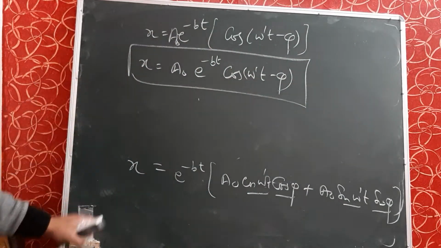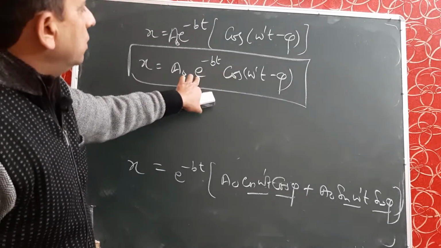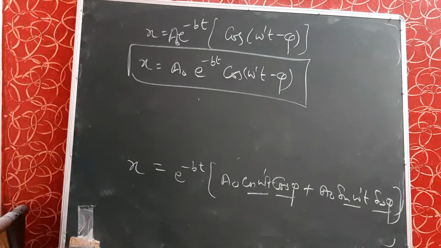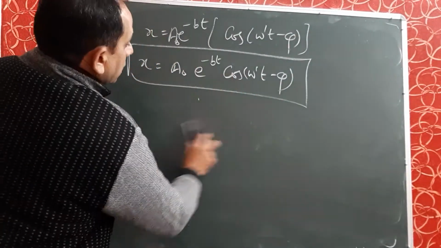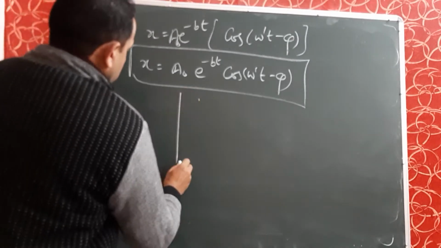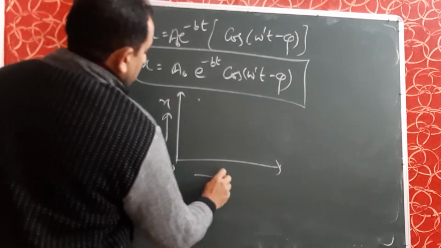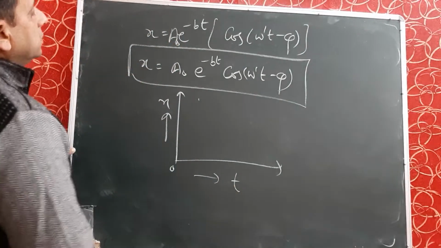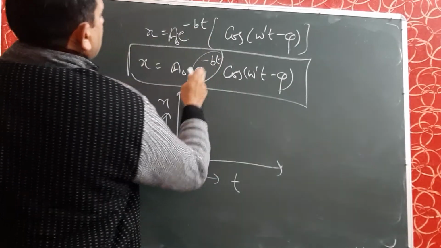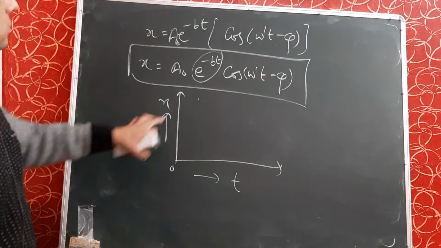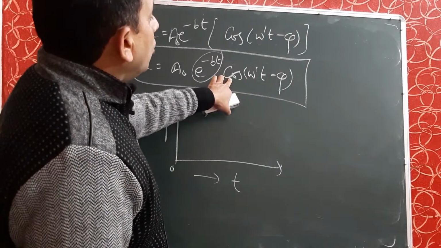From this equation, it is clear that x depends on the cos function as well as the e raised to power negative function. If we plot the graph corresponding to this equation, that is the x-t graph, t is contained in the e term and t is contained in the cos term.